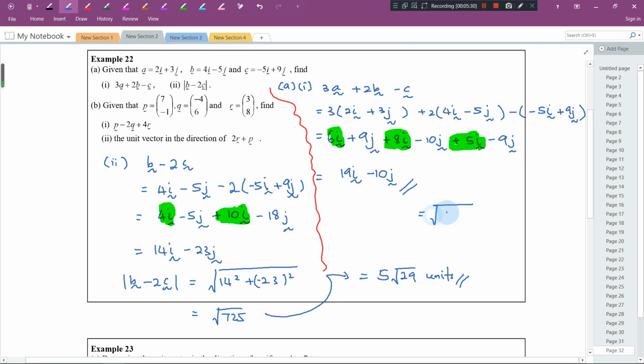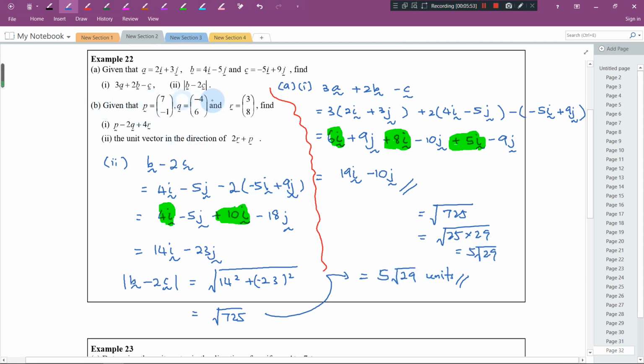Because square root of 725 is actually equal to square root of 25 times 29. So square root of 25 is equal to 5. This one we just keep as square root of 29. So this is how I get this answer.